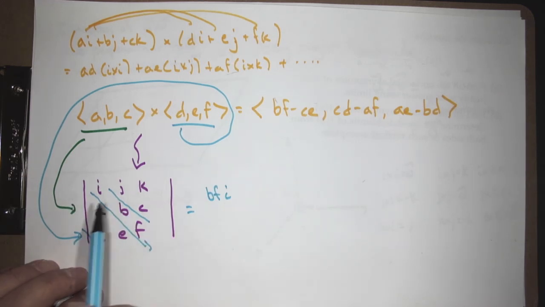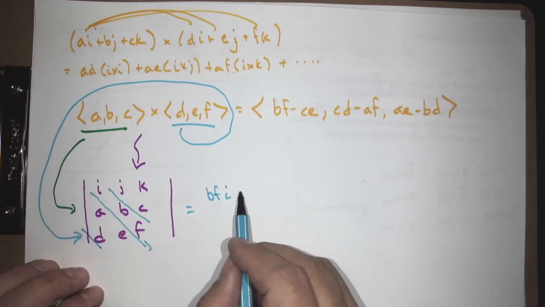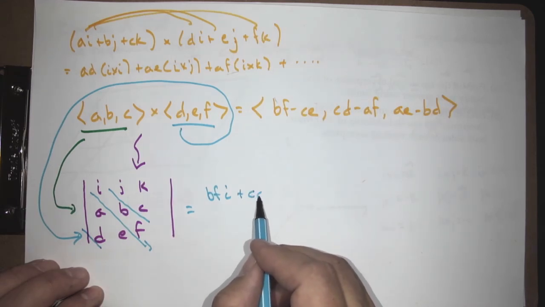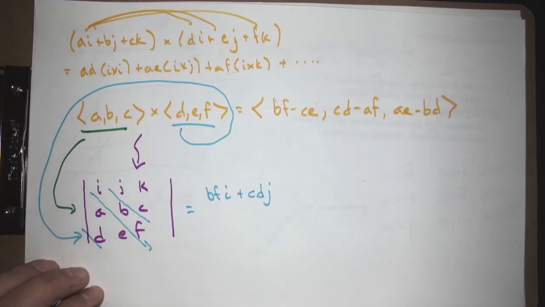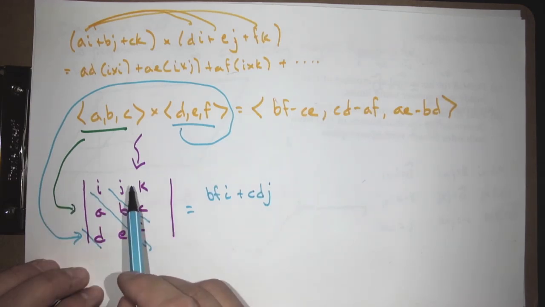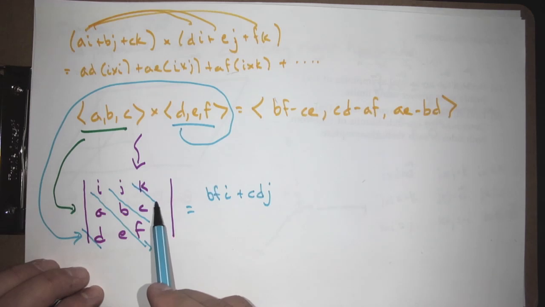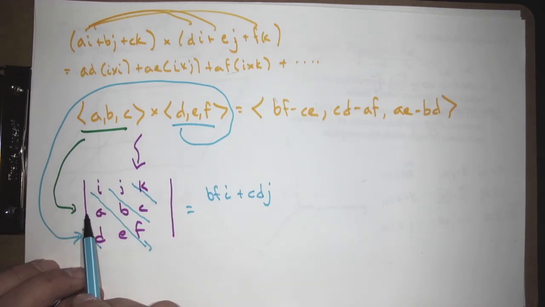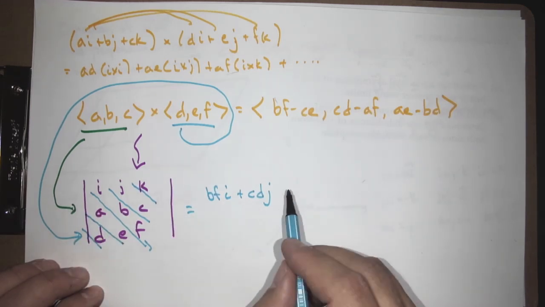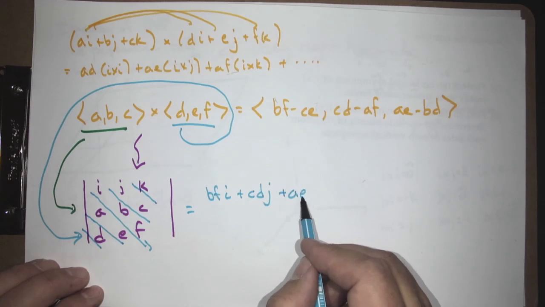J, C, wrap around, you hit the D. So C times D times J. All right, you see it? We're going down the diagonals and wrapping around. K, hit the wall, wrapping around, A, E. So A, E, K.